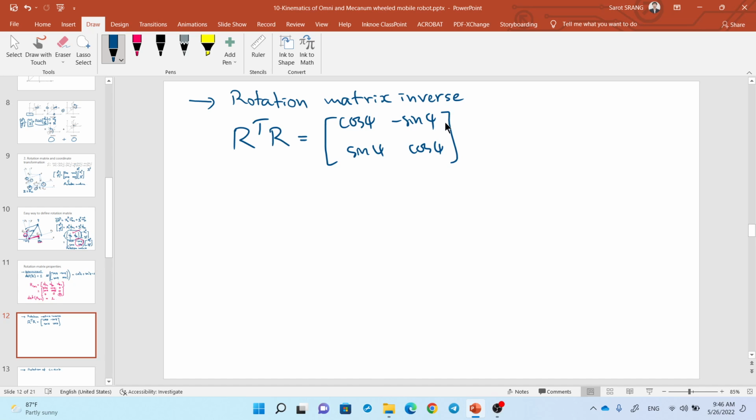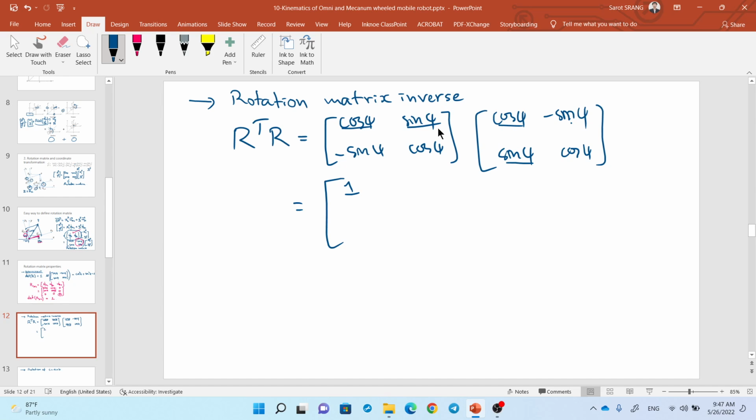And you transpose it first, so I should rewrite like this. The minus sign should be here, and this one I can erase the transpose. So cosine squared plus sine squared, then you have 1.